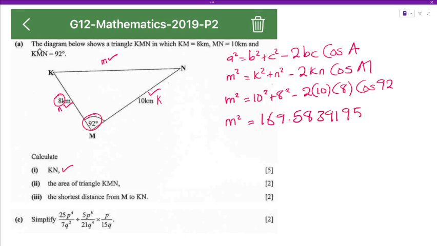Before I proceed, let me just check that I punched in the correct values. 10 squared plus 8 squared minus 2 times 10 times 8 times cos 92. Okay, correct.